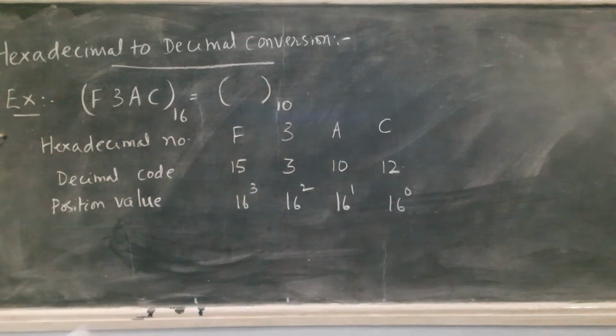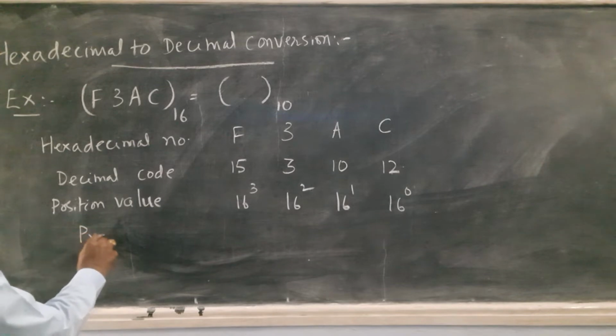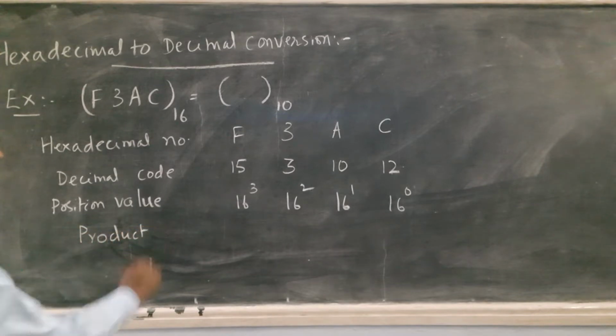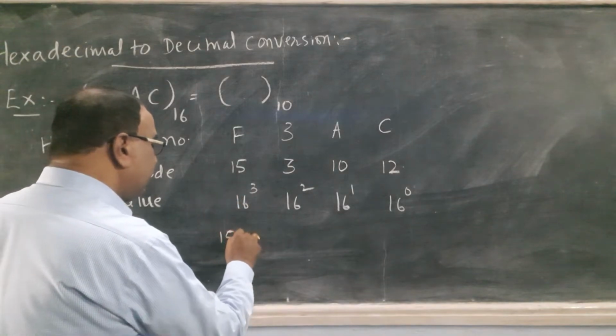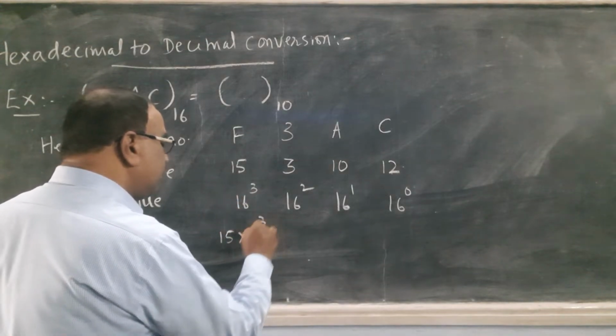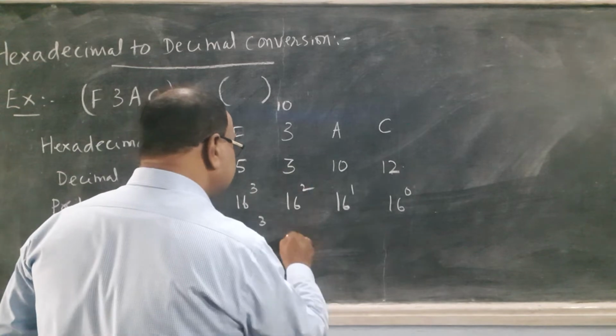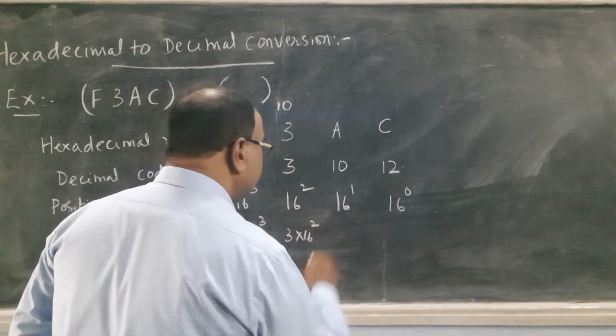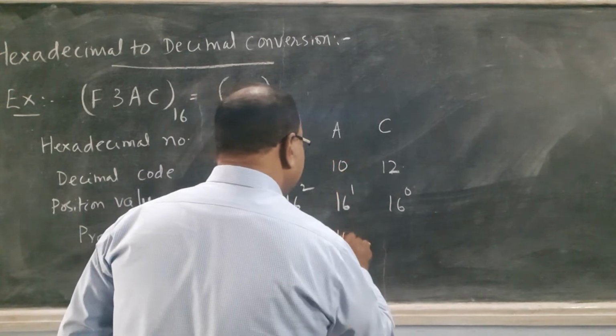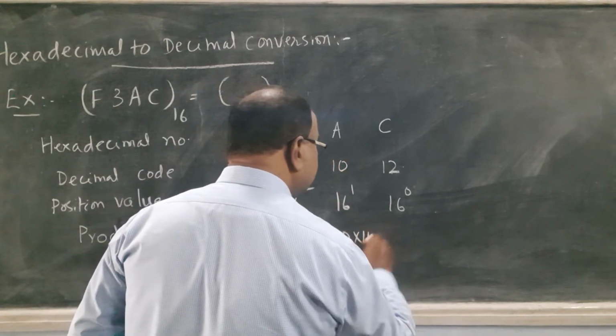Next, write the product. That means 15 into 16 to the power 3. Then this is 3 into 16 square. This is 10 into 16 to the power 1, or 16.